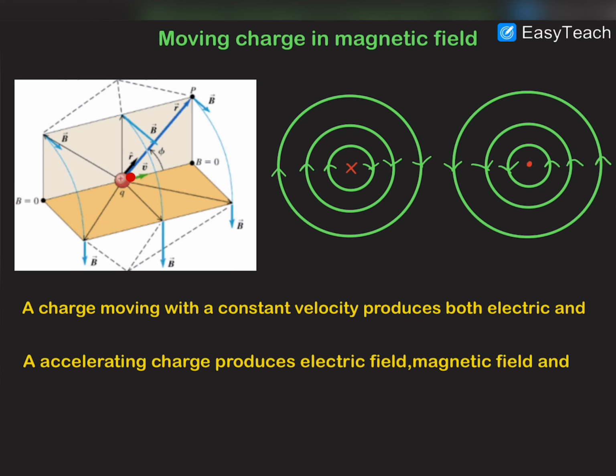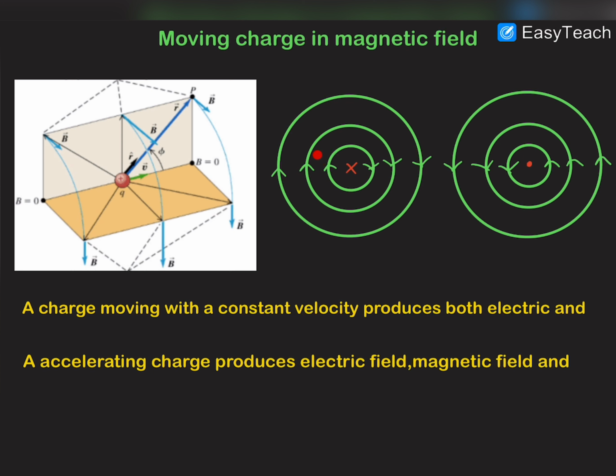If this positive charge is moving in this direction with some velocity v, then on the two points lying on the velocity axis, the magnetic field is 0.